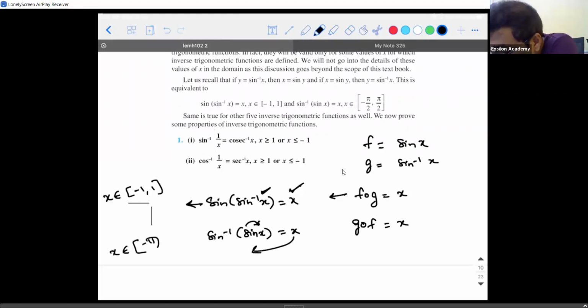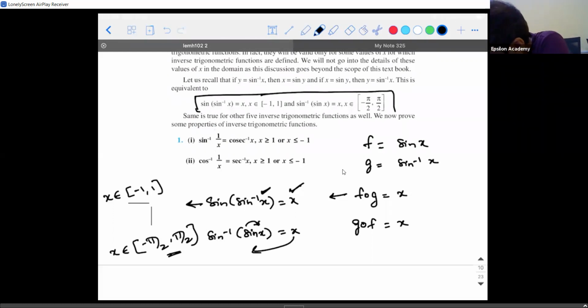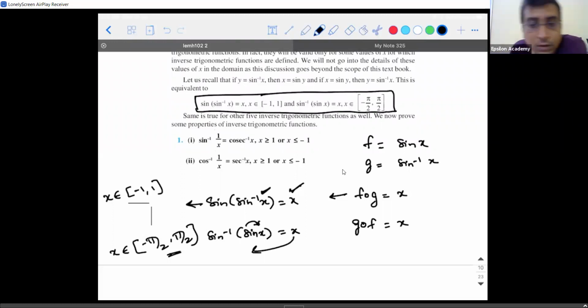It is minus pi by 2 to pi by 2. Are you able to understand? So that is an important point that they have given here. In the future, if you are trying to read it and you don't understand, then there is some basic issue. Shall I proceed now? Yes, sir. I hope you guys made a note. You write it 2-3 times, no harm in it. If you have already written it, write it again, no issues.